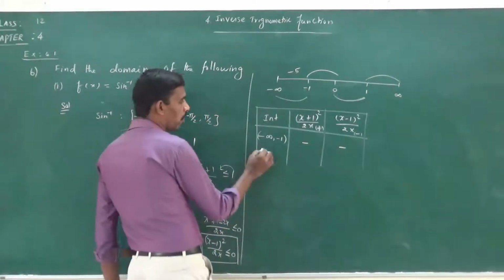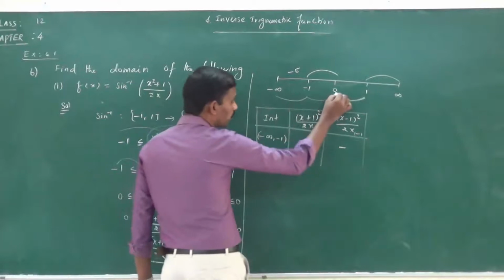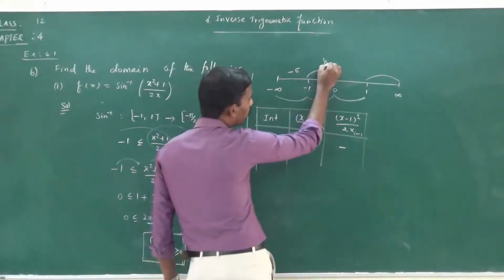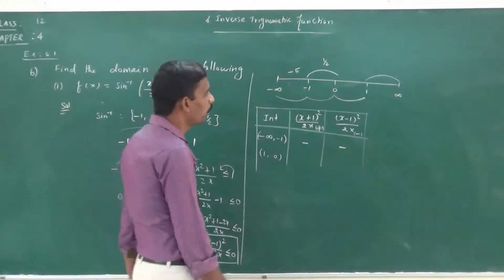Next, if you take the interval minus 1 to 0, just take minus 1 by 2.